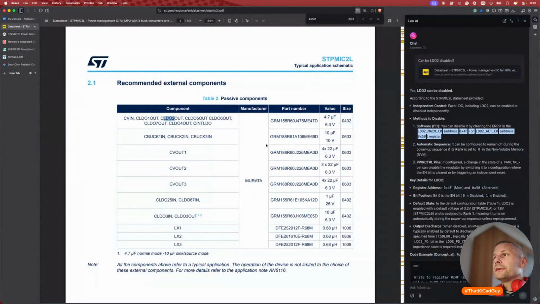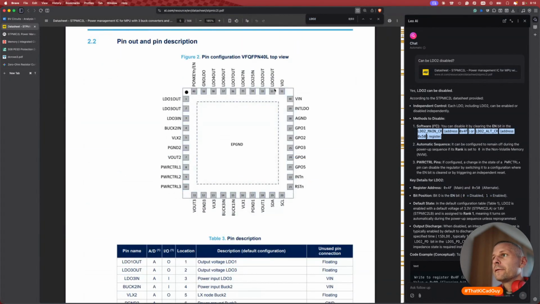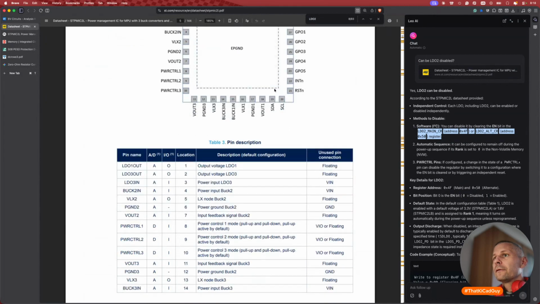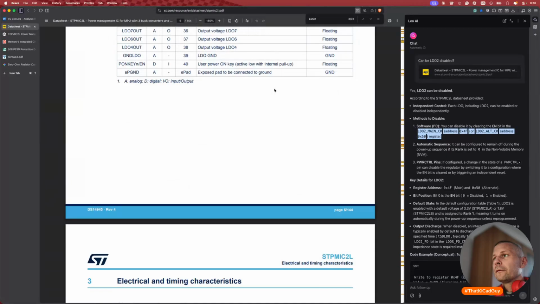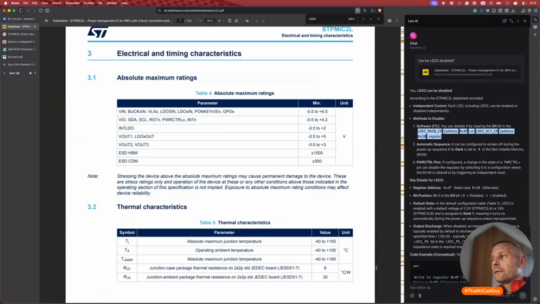PMIC, no, this one. Is there a recommendation for I2C pull-up resistors?